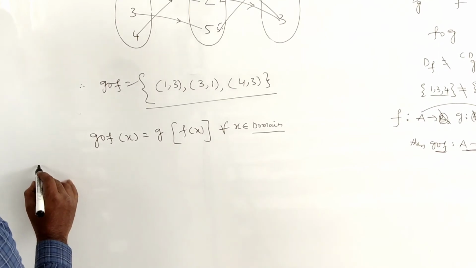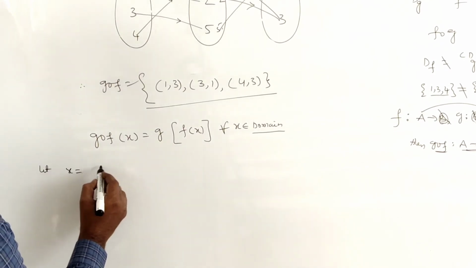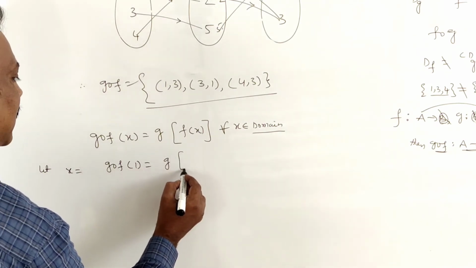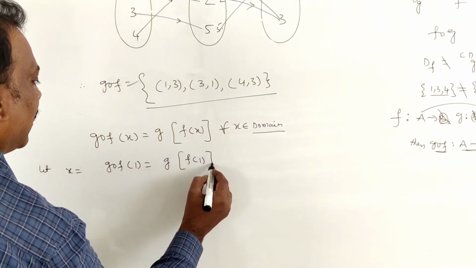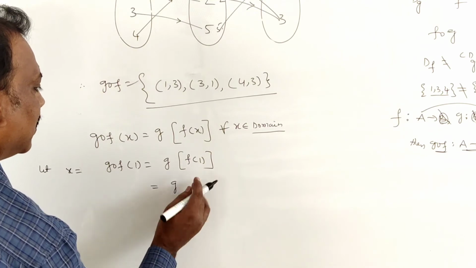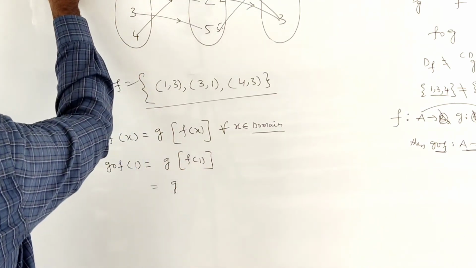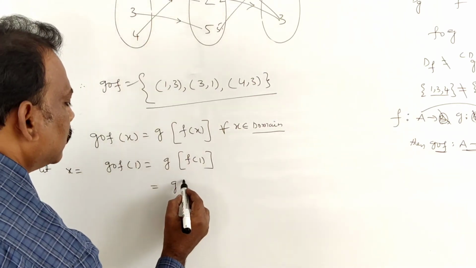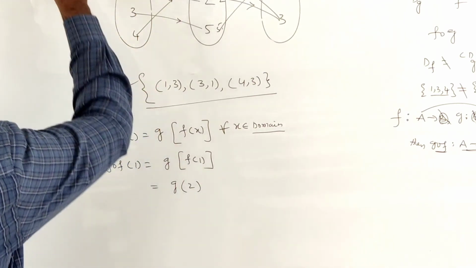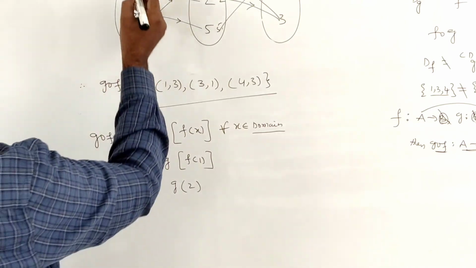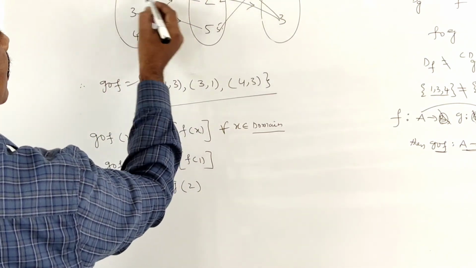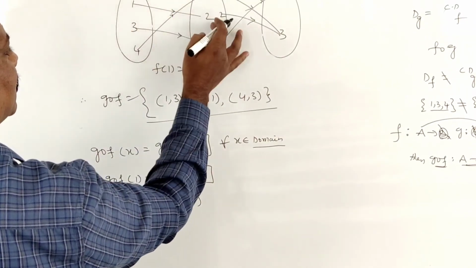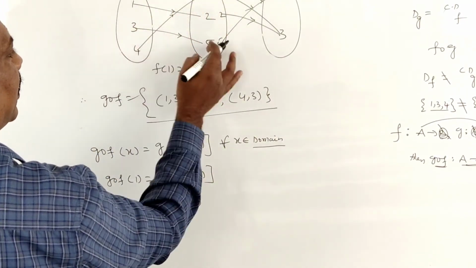Let me take x equal to 1. So G circle F of 1 is G of F of 1. Now you can see, students, F of 1: in function F, 1 is related to whom? 2. So F of 1 is 2. F of 3 is 5.